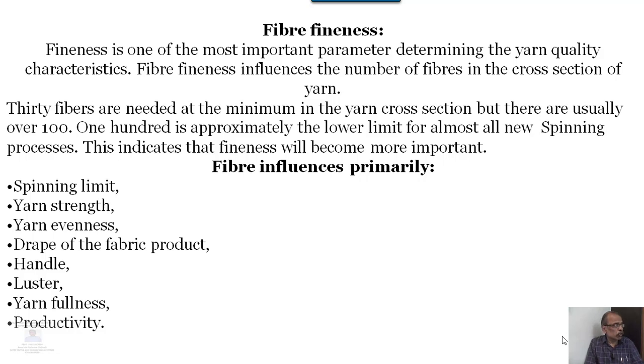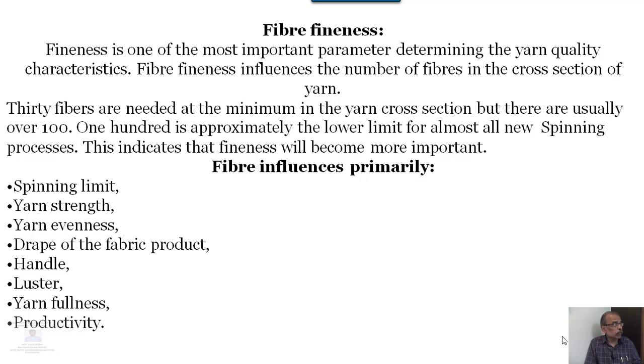So what fineness decides actually is the spinning limit, as I have stated just now. If a fiber becomes coarser, that is thicker, very few fibers you can incorporate in the yarn cross section. So it decides the spinning limit. Then yarn strength: obviously if the number of fibers is less, strength will be less.